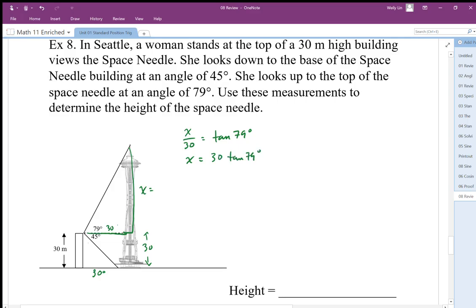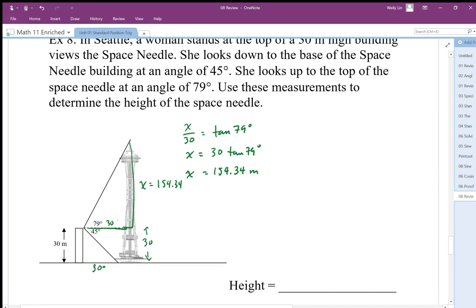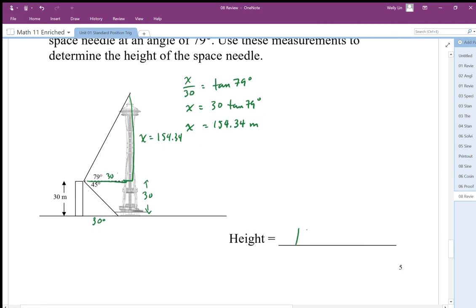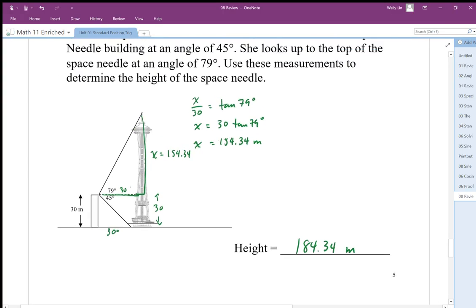So we do tan 79 times 30, and that gives us that portion is going to have a height of 154.34 meters. So the total height is going to end up being 184.34 meters. That's going to be the height of the Space Needle.